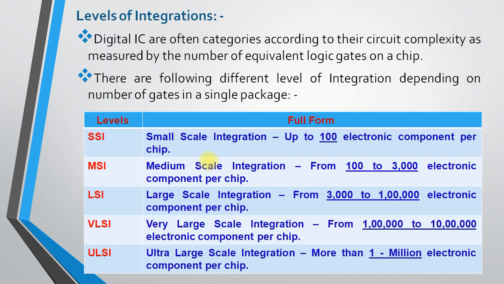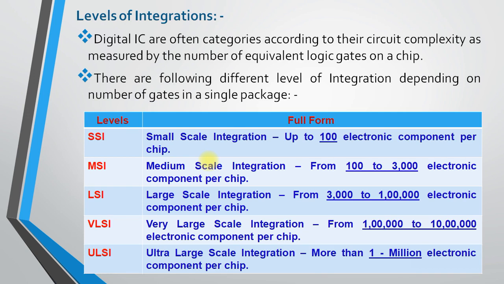That means more than 10 lakh and up to more than 1 million electronic components per chip. So when there is a requirement of 1 million electronic components bounded with one chip, at that time you can use ultra large scale integration. So an IC can be chosen based on the level of integration or based on the technology of the IC.